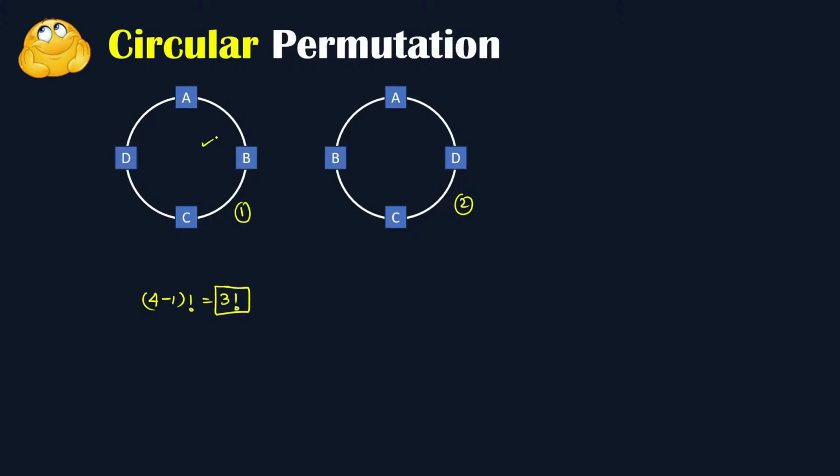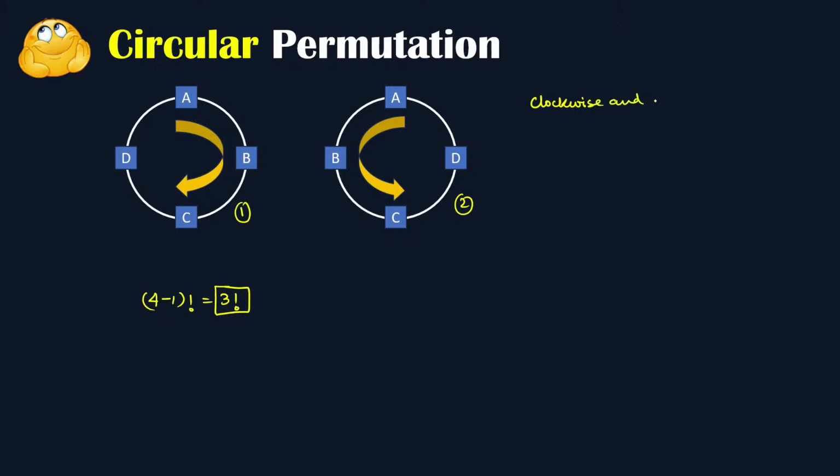The first way and the second way, these are the 2 different options which are very much involved in factorial 3. But now, if I say that these 2 arrangements, that is the clockwise and the anti-clockwise arrangement, are same. What have I said?